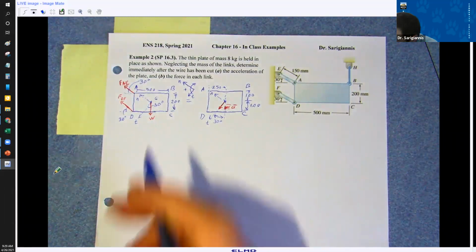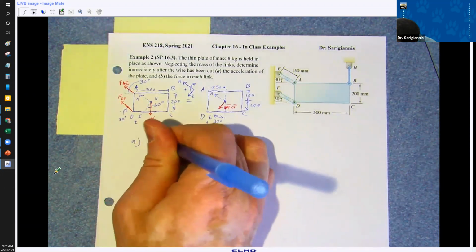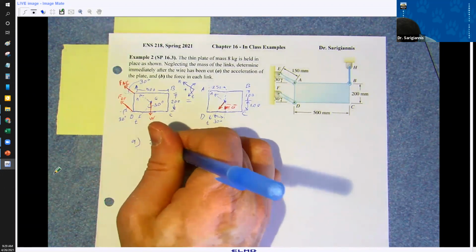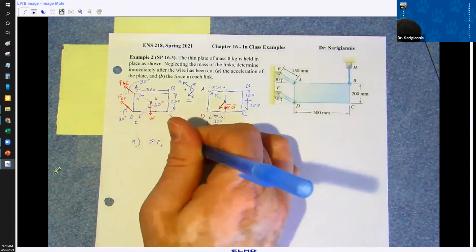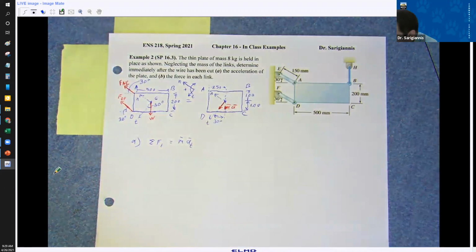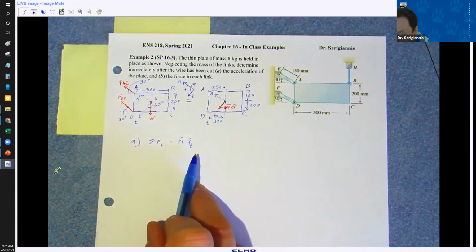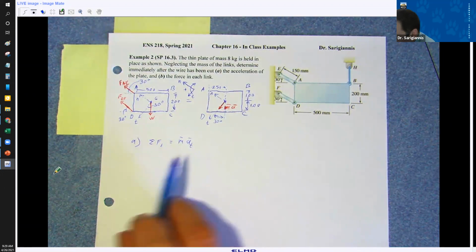So when we look at the acceleration of the plate, or part A, we can look at the tangential forces and the mass times acceleration tangentially, right? So what are the forces in the tangential direction?